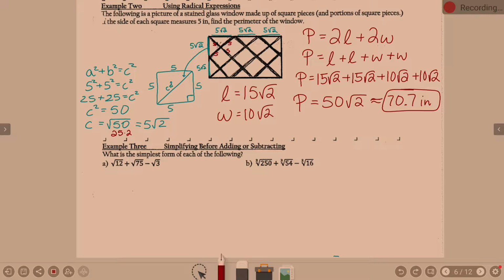We have to go with what we learned in 6.2. Notice I just picked up my blue paper. If we do a little simplifying work, can these possibly be added or subtracted? Maybe. And here's my hint: most likely, yes. Usually you can simplify and they will magically work.